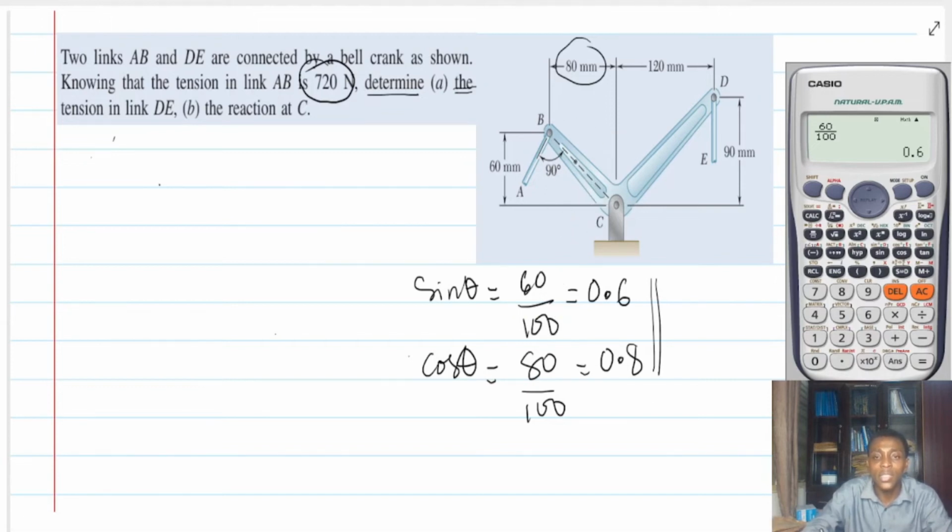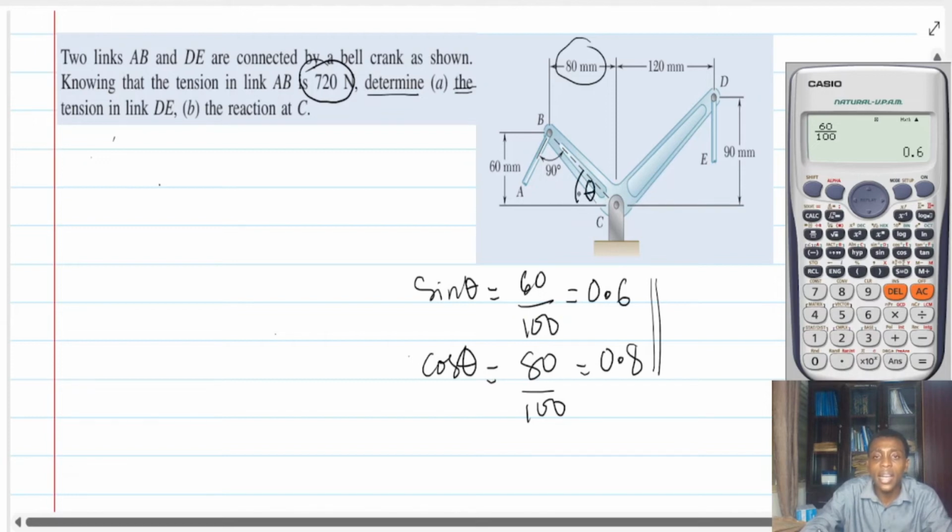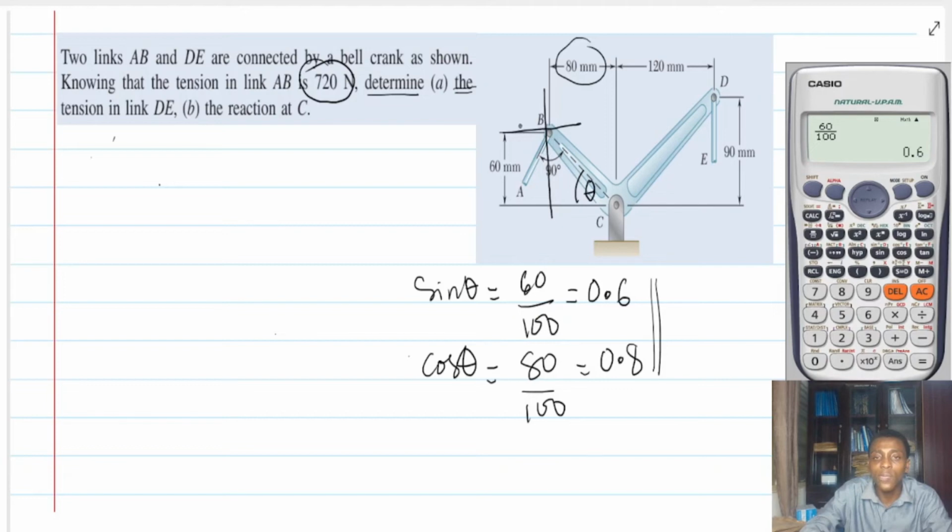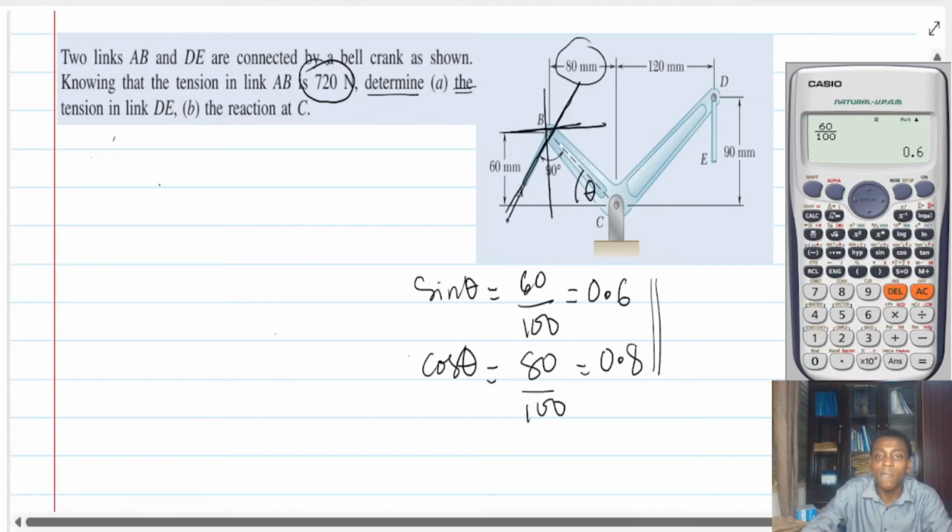But watch this. If the angle here is theta, then I want to resolve this. This is what I will do. Now, please watch this. You see, if the angle is theta, then if I project this onto this, then still this is also going to be theta, right?